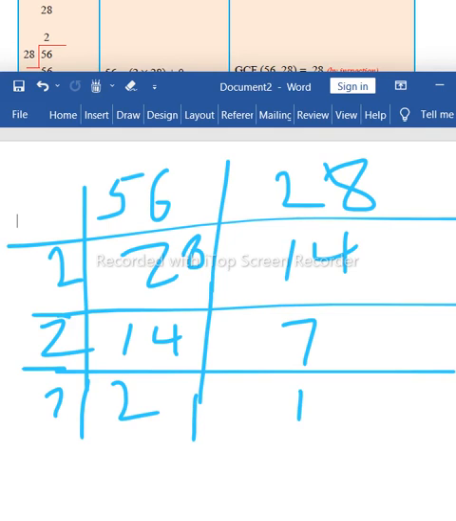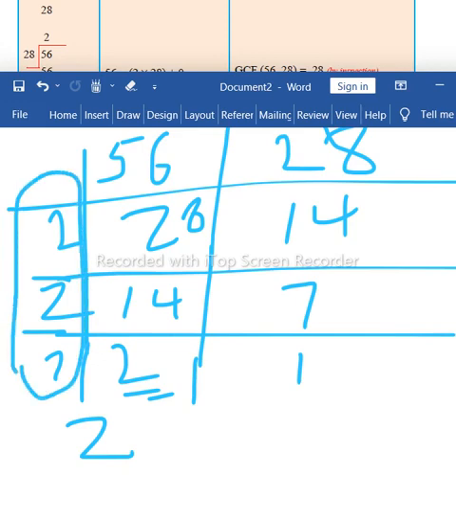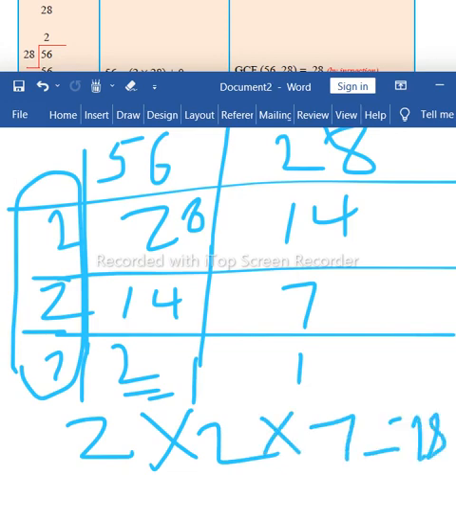So now we get a prime number that is not divided by both sides. So we can now stop, and when we multiply down the column of this only, we get 2 times 2 times 7, which is equal to 28, the same as the previous one.